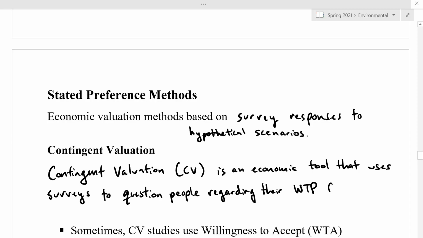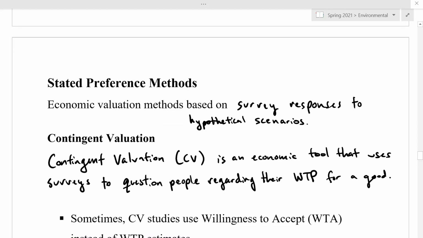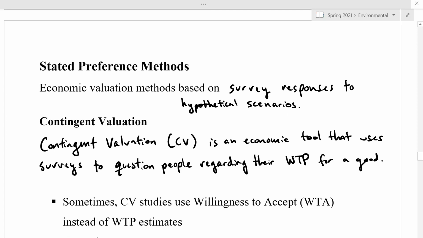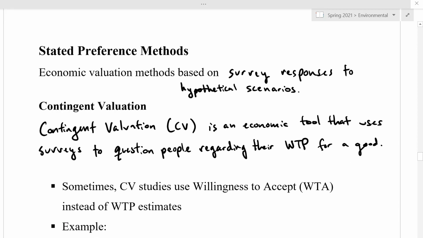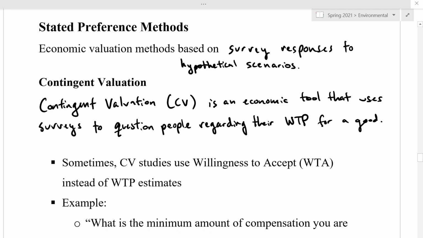So far, we've talked about value as willingness to pay. Although sometimes, especially in surveys, there's this other concept called willingness to accept.